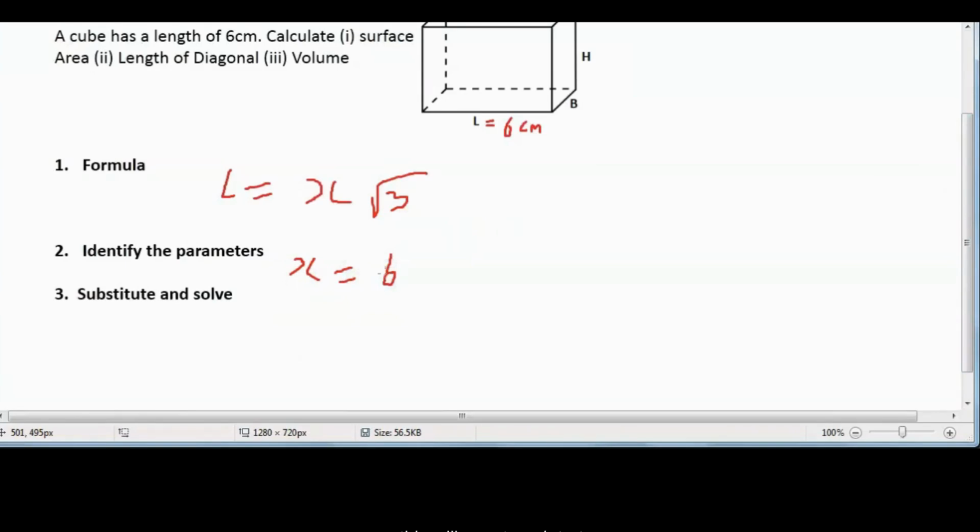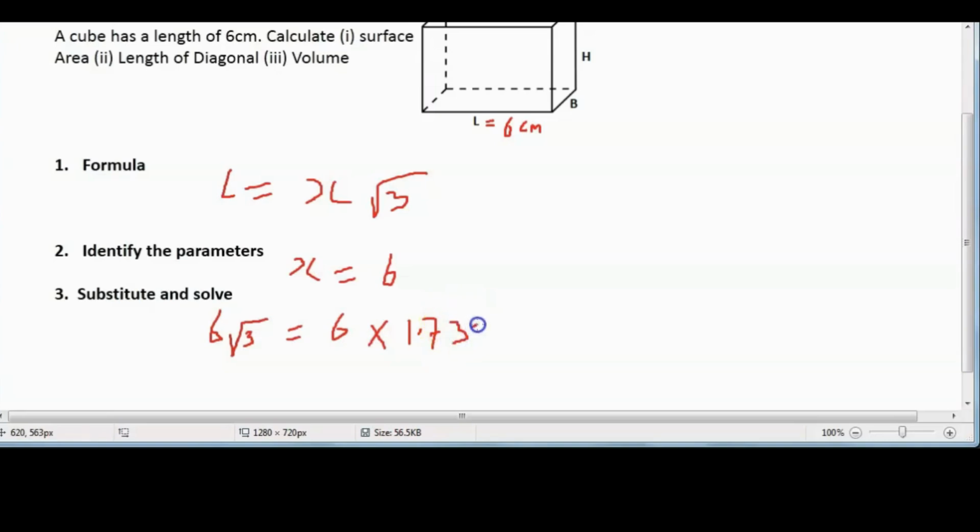So this will now translate to 6 root 3, or 6 times 1.7321.